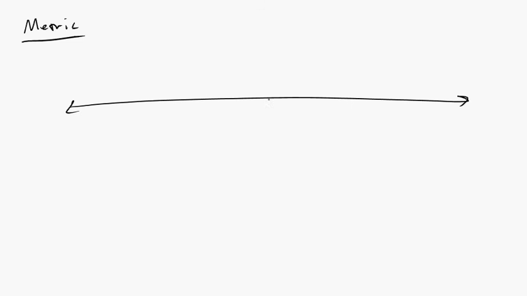We have to make sure that we have, for the metric system, the correct prefixes, and then we'll talk about 2-dimensional and 3-dimensional conversions too. So metric is based on tens always.